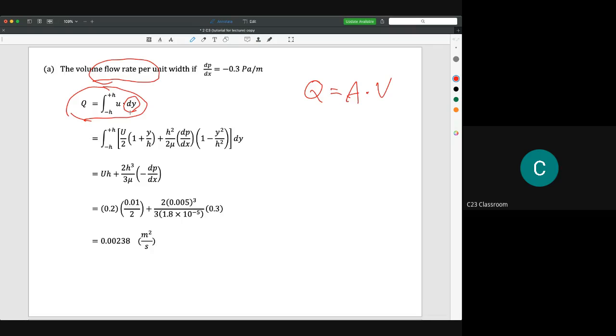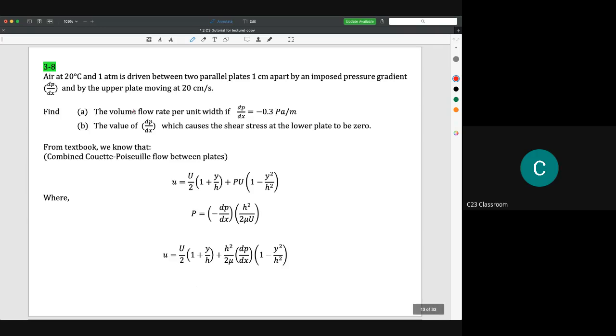Another reason we know the width is 1 is from the term volume flow rate per unit width, which means all the values are divided by the width of the plate.